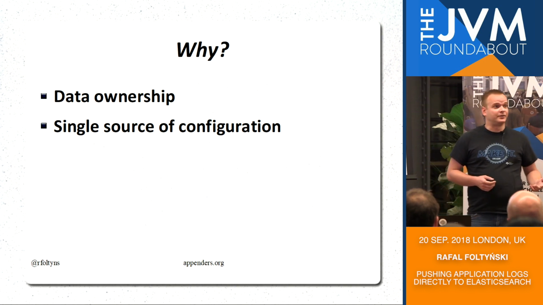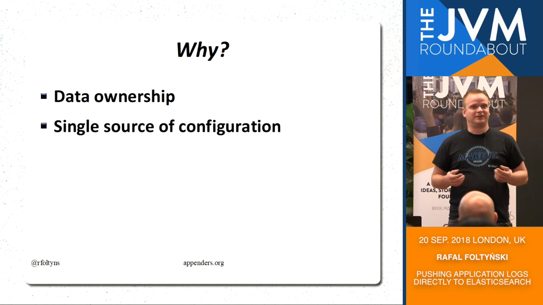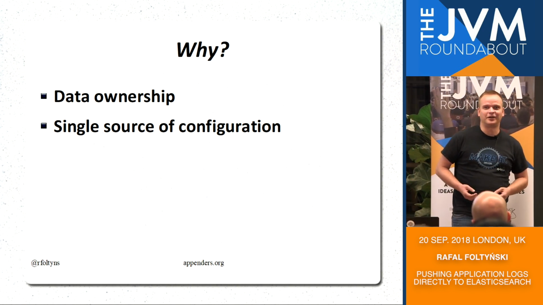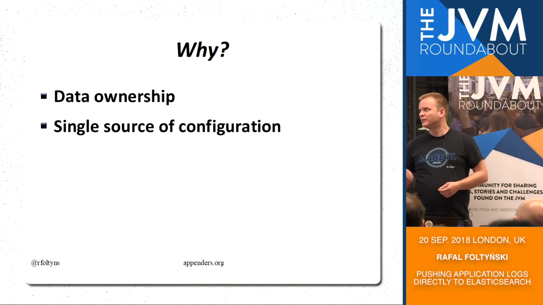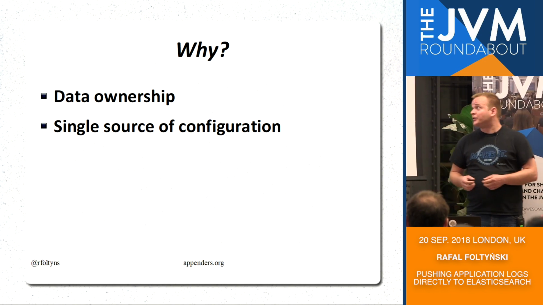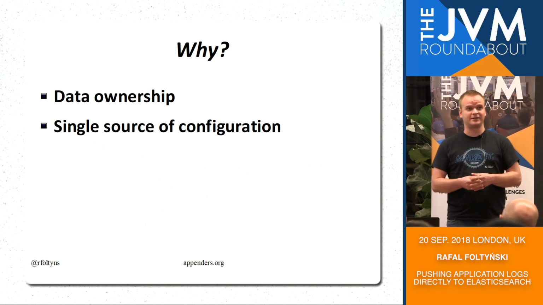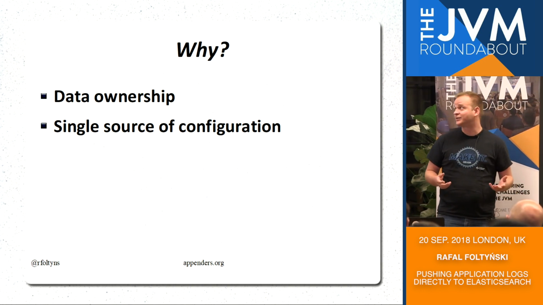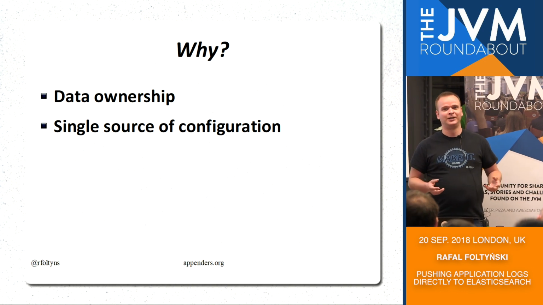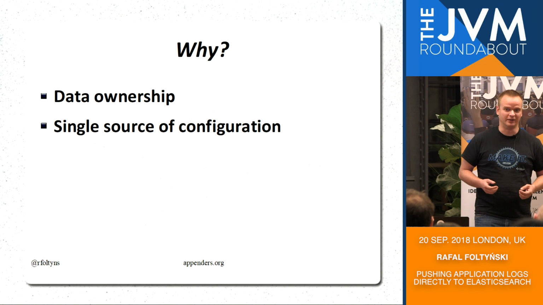You often depend on other teams' release cycles, in this case mostly ops. This plugin allows you to configure your log delivery to Elasticsearch inside your application without any external dependencies. Most of all, without depending on your company's release train, in worst cases.